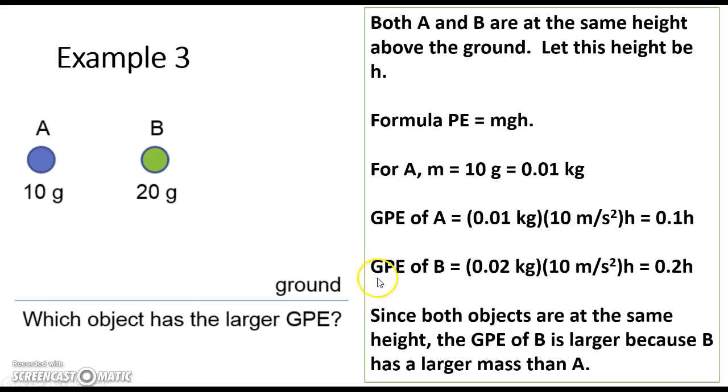And of course for B, since the mass is twice that of A, I expect that the gravitational potential energy of B is 0.2h, which is twice that of A. Since both objects are at the same height, and since B has a larger mass than A, the gravitational potential energy of B is larger. This is not surprising, because if h is the same, g is the same, and m goes up, then the potential energy will go up as well.